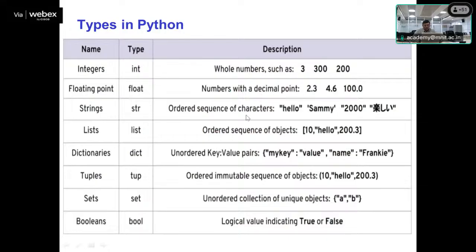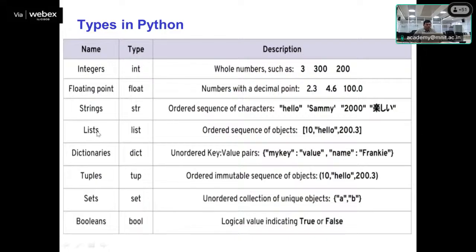String will be, as usual, a sequence of characters in single quotes or maybe double quotes, which may consist of either alphabets, or alphabets and characters, or any special characters, enclosed in double quotes or single quotes, and that will be treated as a string.